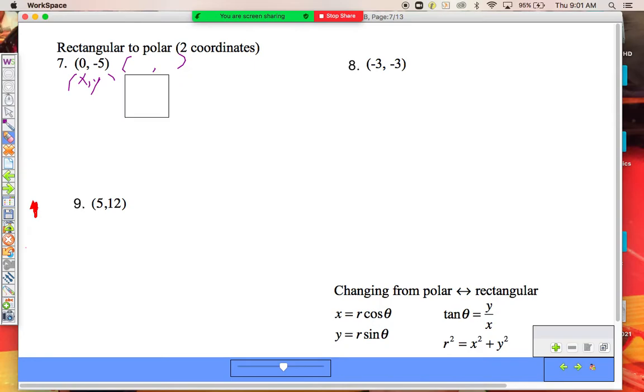You're going to find me two polar representations of this ordered pair, and you'll see why it's two in a minute. When we do these, I'm going to ask for two versions. I'm going to give you an x and a y, and you're going to give me two r's and two thetas matched accordingly. We just did 4 when we did our additional polar representations. This time I'm going to ask for 2.